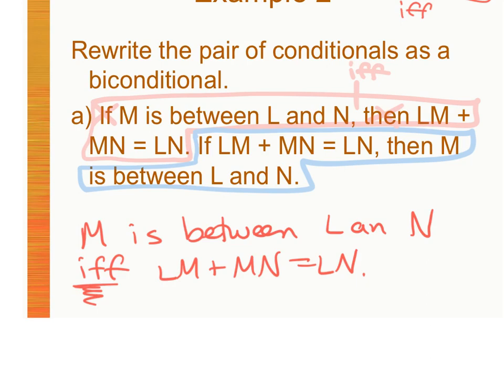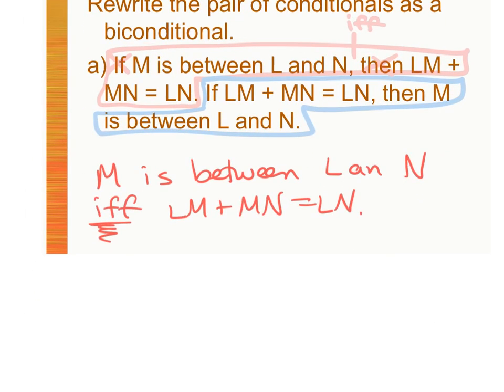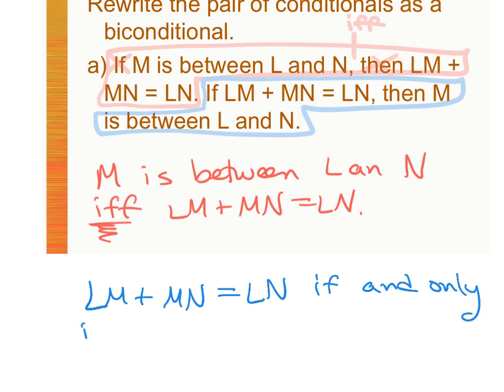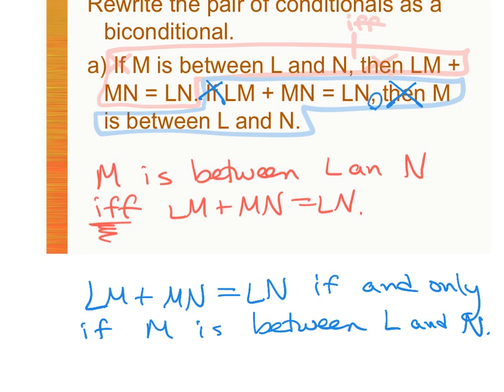So if I write it off of the blue, I would write LM plus MN equals LN if and only if M is between L and N. So again, take out if, take out then, and where the comma is, insert if and only if.